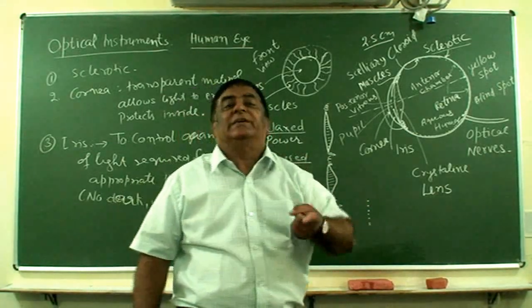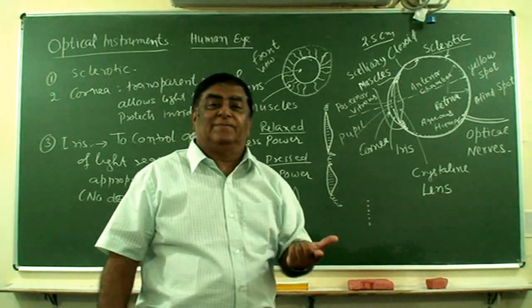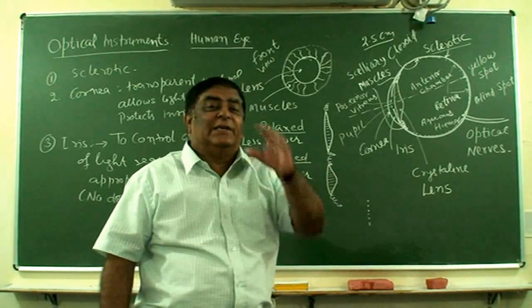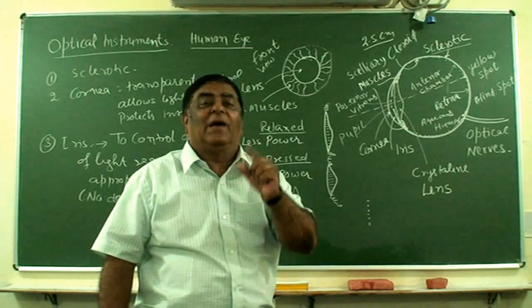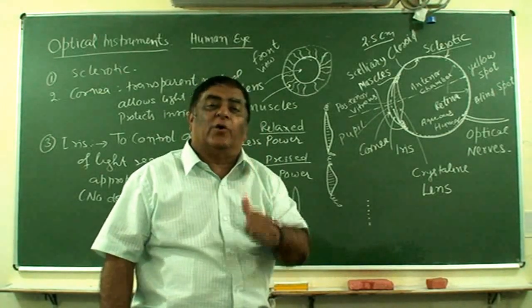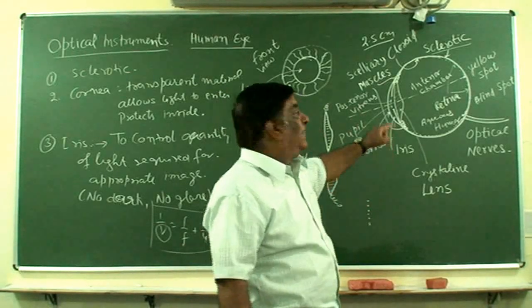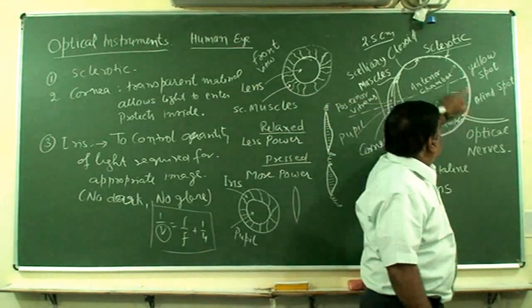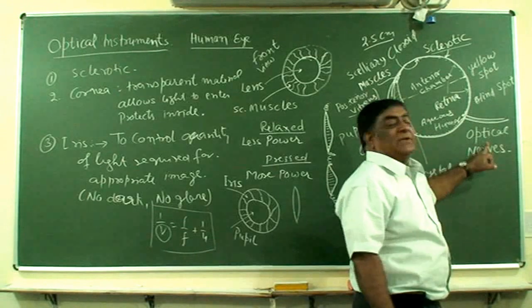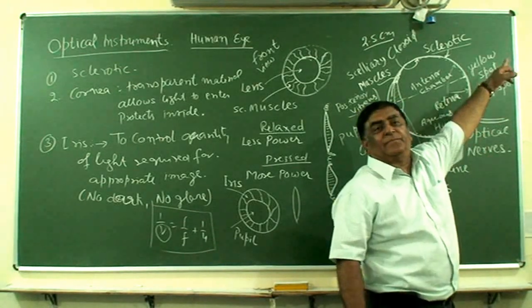Light energy is converted into electrical energy, an EMF, and that EMF changes according to the change of light. That change is sent via the optical nerves to the brain.